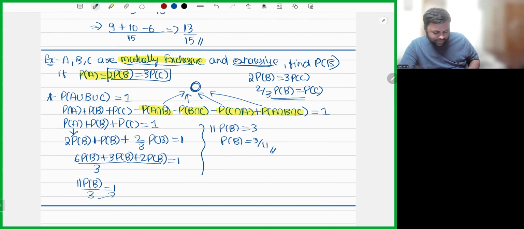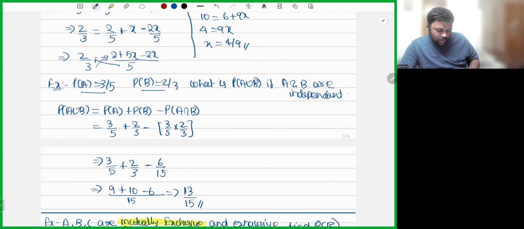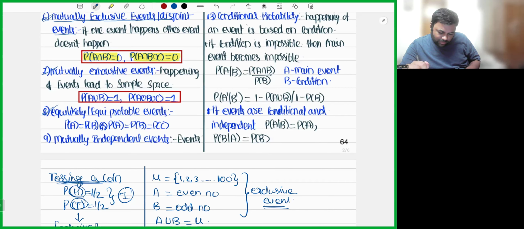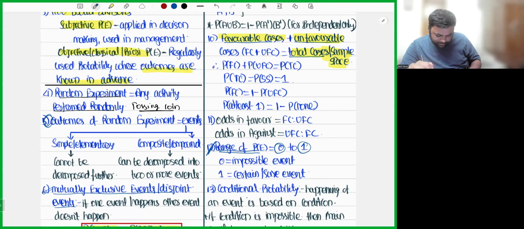Now let's come back to our definitions. So we understood exclusive, we understood exhaustive, we understood equilikely, and we understood independent. Now, before proceeding further, my dear friends, I'll show you one point.